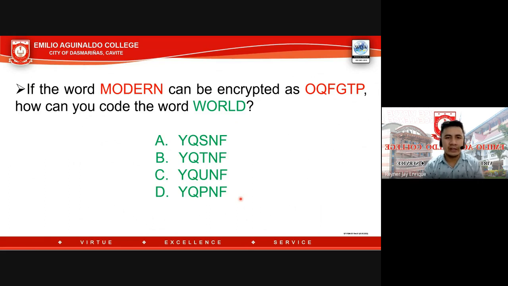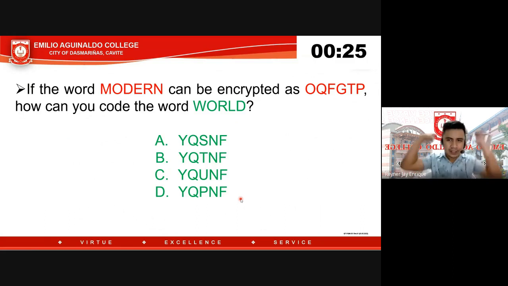If the word MODERN can be encrypted as OQFGTP, how can you code the word WORLD? Okay, I will be giving you another 30 seconds to solve for this. Take a look at the patterns that it forms.